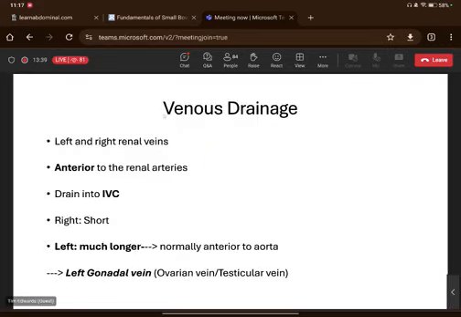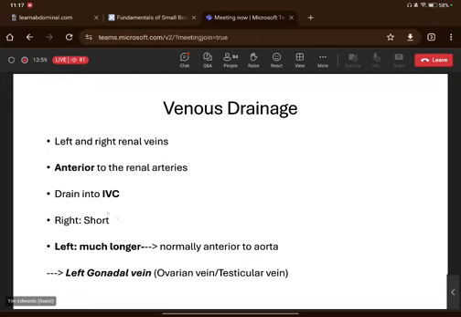So venous drainage. Again, paired vessels, left and right renal veins. As we said previously, the renal veins run anteriorly to the renal arteries, and they drain into the inferior vena cava.